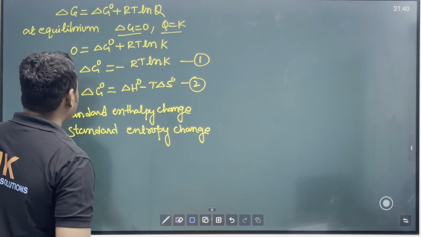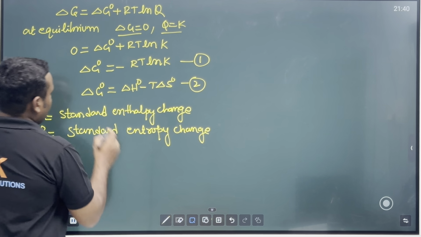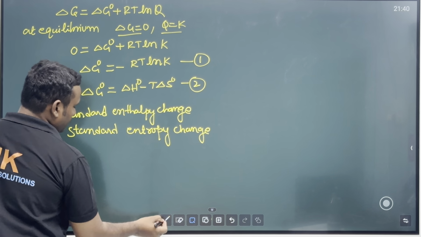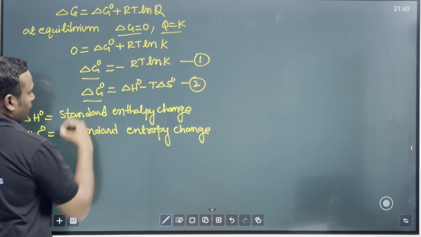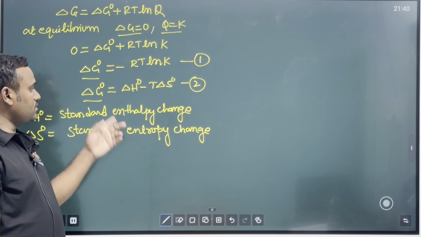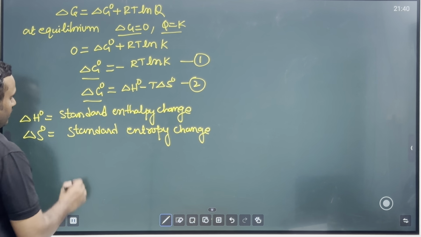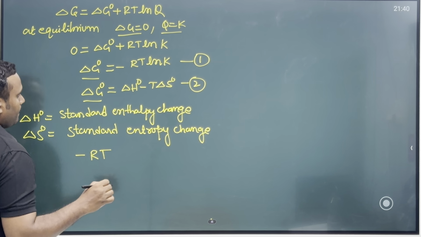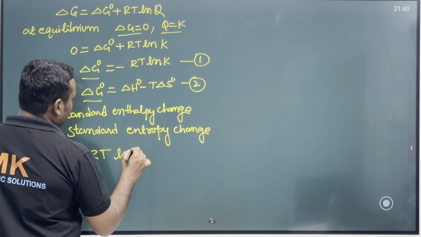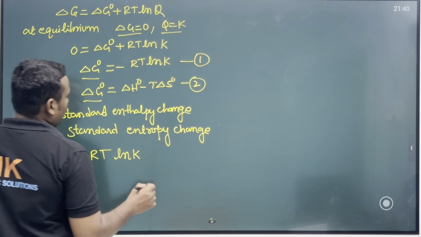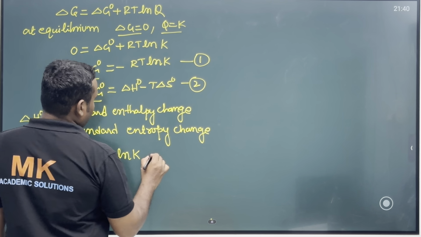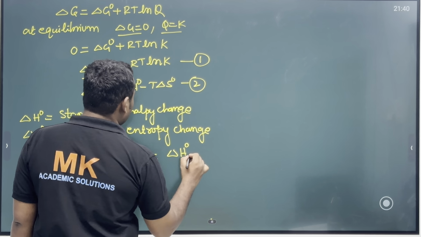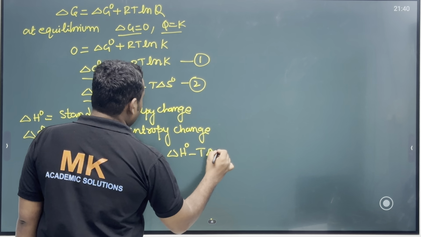Okay, from equation number 1 and equation number 2, here this is also delta G naught and this is also delta G naught. If LHS are equal, then RHS are also equal. Therefore, we get minus RT ln K is equal to delta H naught minus T delta S naught.